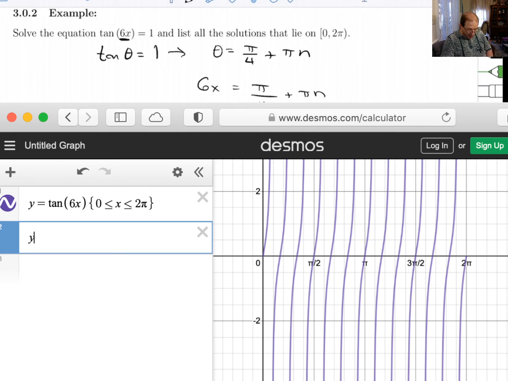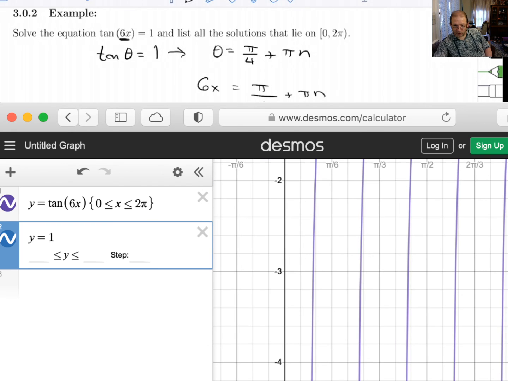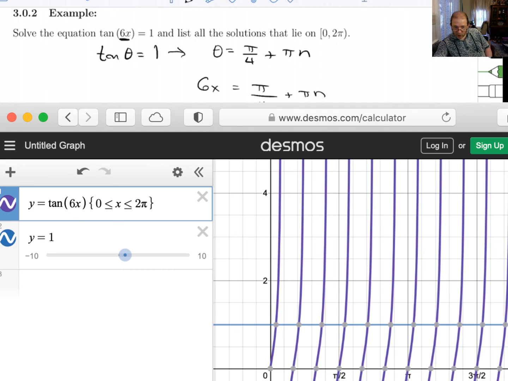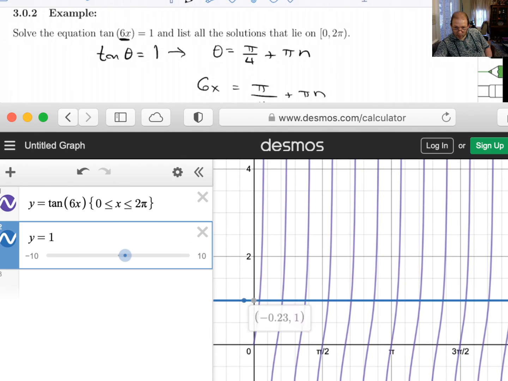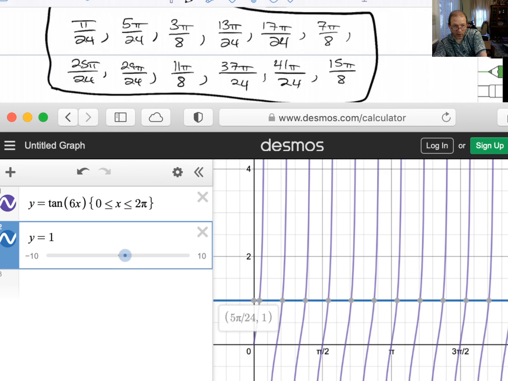And if I put in y equals 1, it gives us that. So for solutions, it's giving us all of these places where those two graphs cross. So yeah, we get pi over 24, 5 pi over 24, 3 pi over 8, and so on.